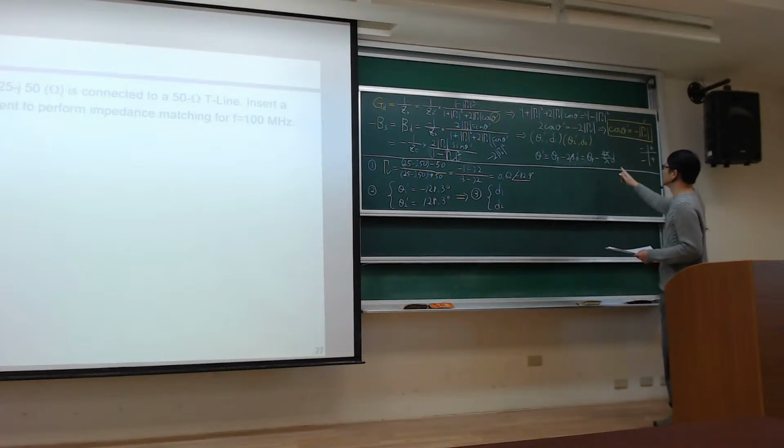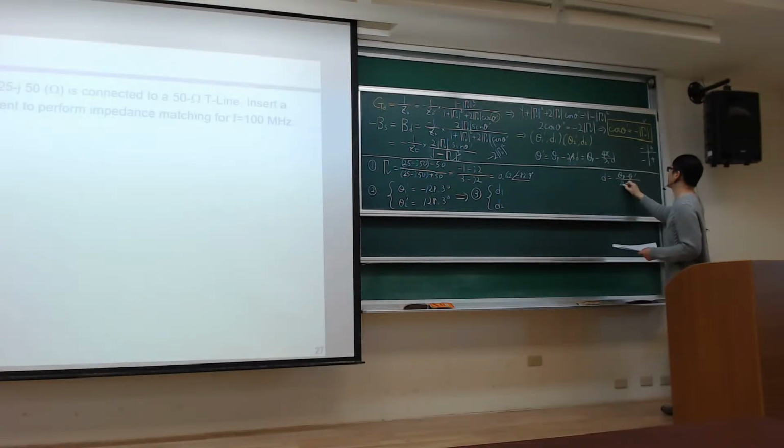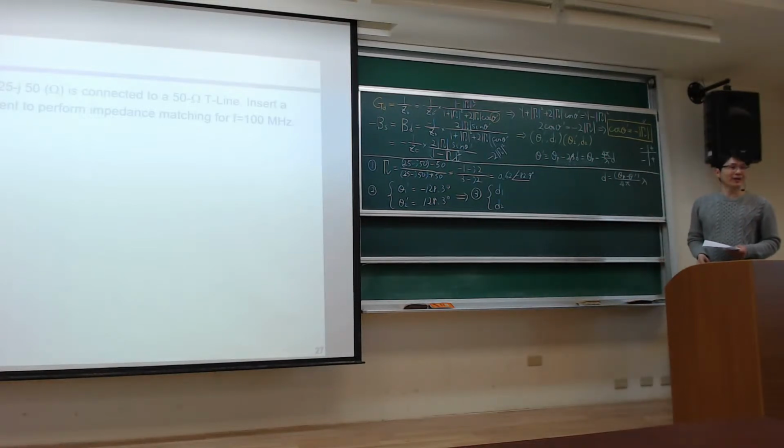Okay? So d is theta gamma minus theta prime over 4 pi times lambda. Okay? This is from the definition of theta prime.